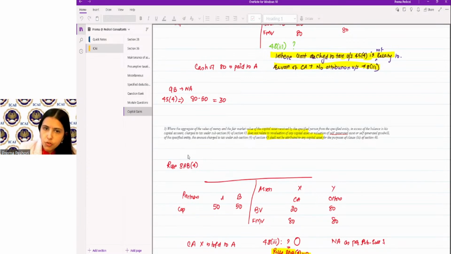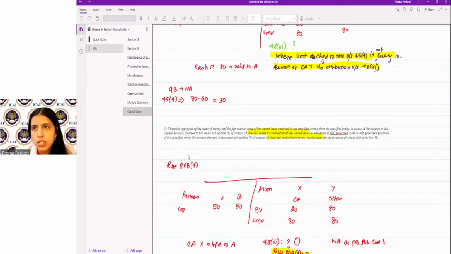It will be deemed to be a transfer and the income would be deemed to be that of the firm in the previous year in which the capital asset or stock in trade is received by the partner. This is the income of the firm. Now, under which head is it chargeable? PGBP or capital gain in accordance with the provisions of the Act. And then it says that the fair market value of the capital asset or the stock in trade will be the full value of the consideration.